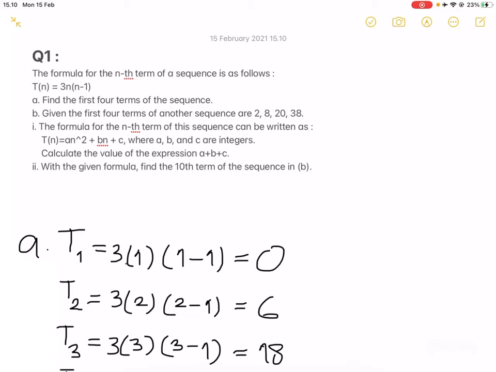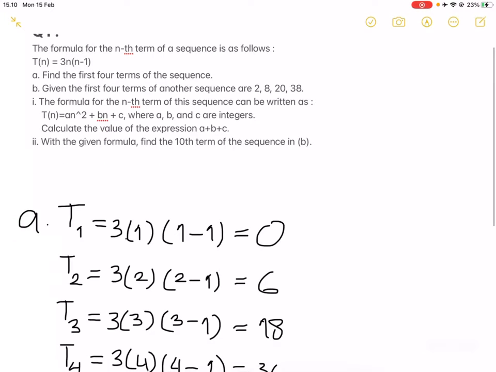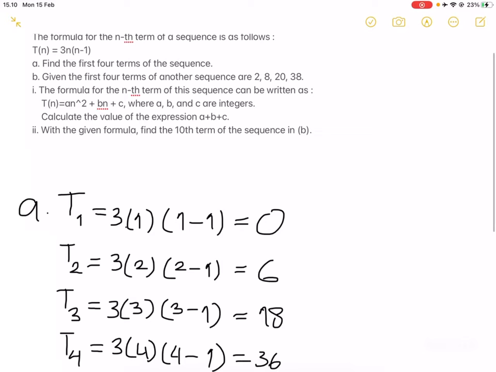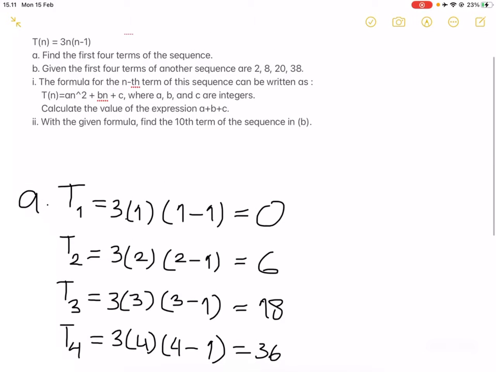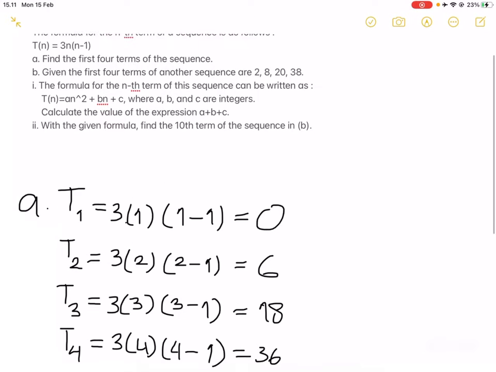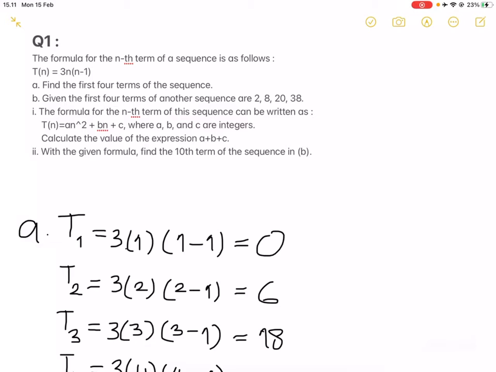For part B, given the first 4 terms of another sequence are 2, 8, 20, and 38 respectively, we know the formula for the nth term of this sequence can be written as a quadratic expression. So we have T of n for the sequence given in B is an squared plus bn plus c, where a, b, and c are integers.